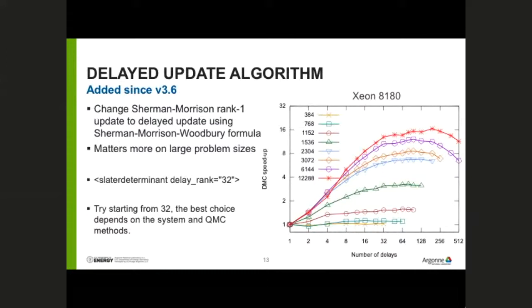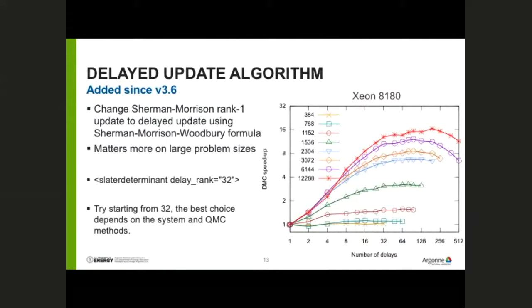But to update that, the algorithm was using the Sherman-Morrison rank-1 update, which is very computationally inefficient. So we changed the scheme into a delayed update algorithm, using more GEMM matrix multiplication based BLAS calls, using the Sherman-Morrison-Woodbury formula.